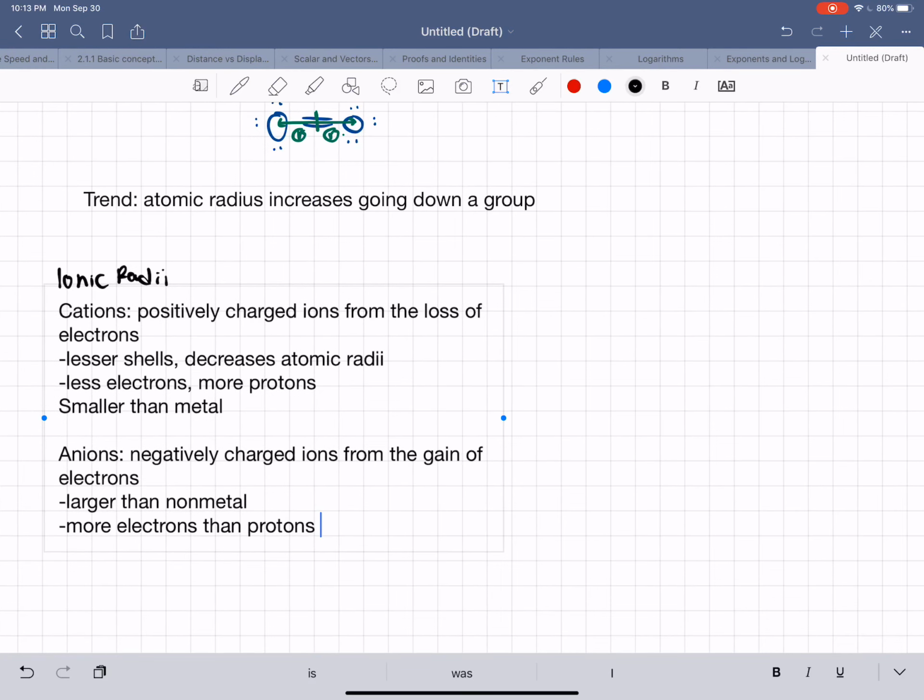When there are more electrons than protons, the positive nuclear charge of the nucleus has to act on more electrons. Because of this, the nucleus is acting less favorably on the electrons, which means they are not as pulled into the center. Because they're not as pulled in, they expand and the size expands as well.